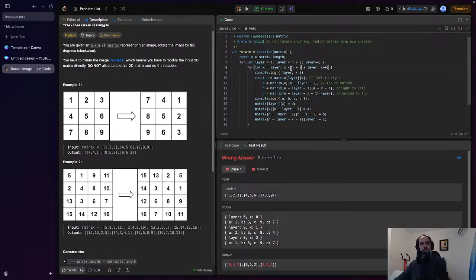So n is 3 minus 2 times 0. So layer is 0 initially. Maybe we just do minus 1 more.